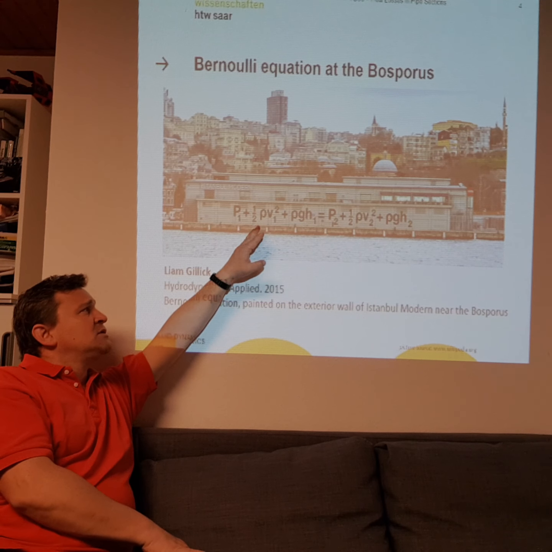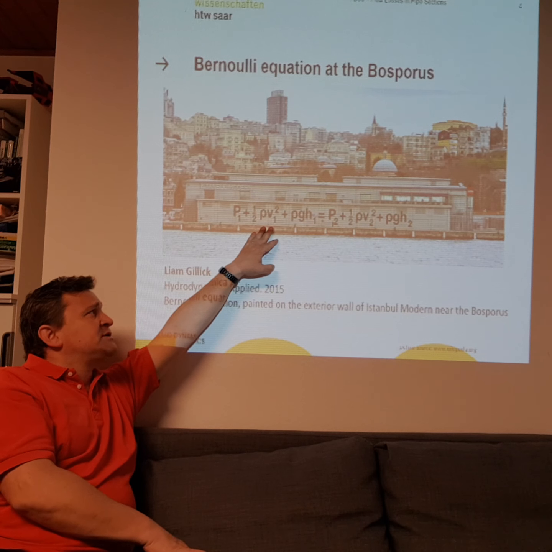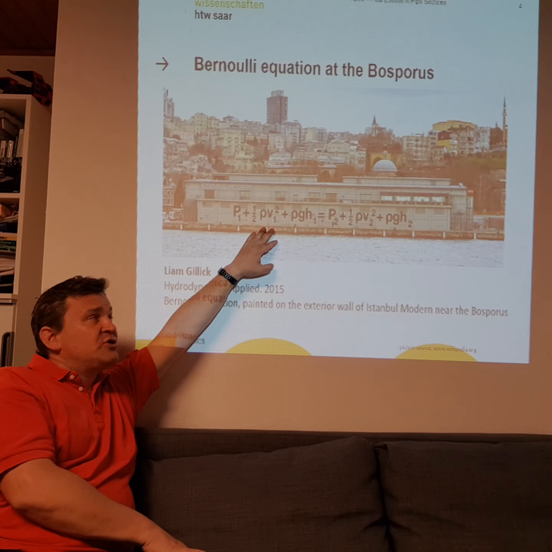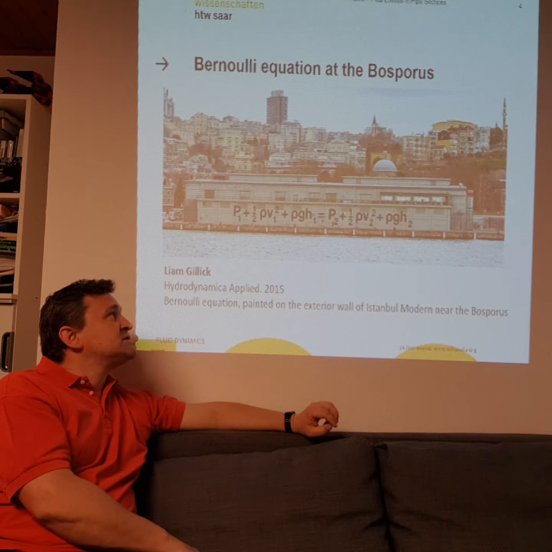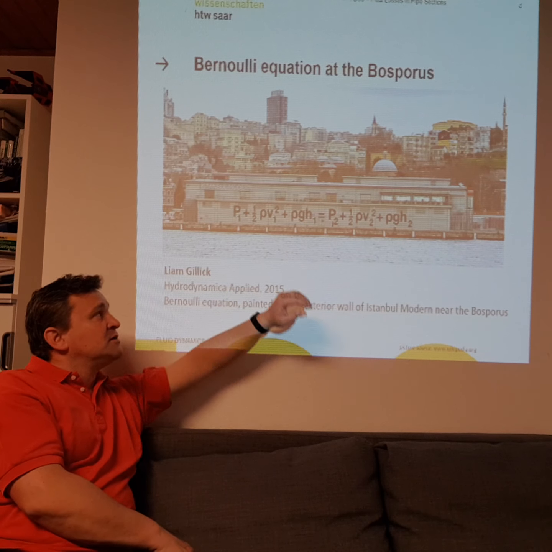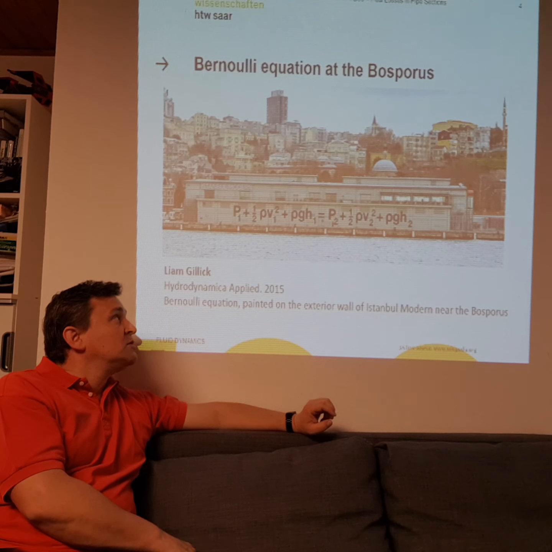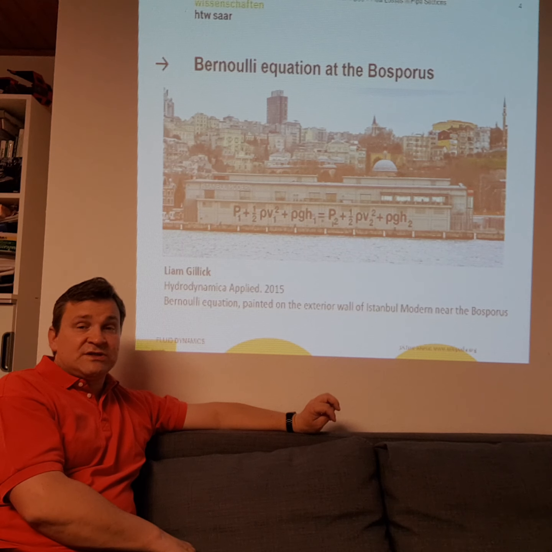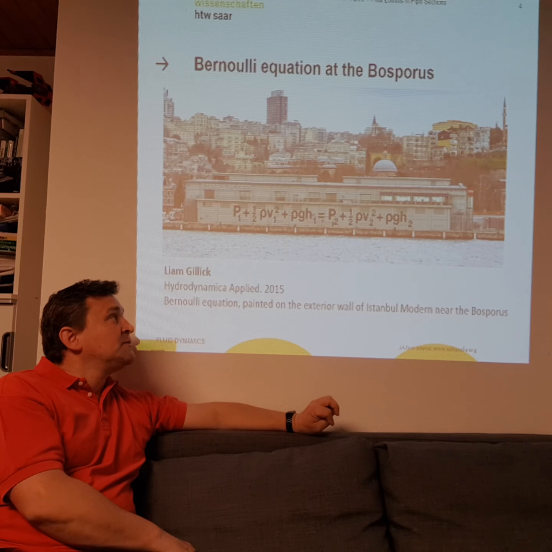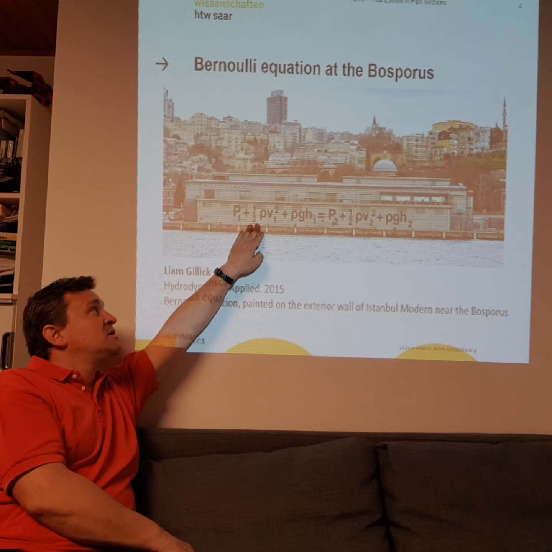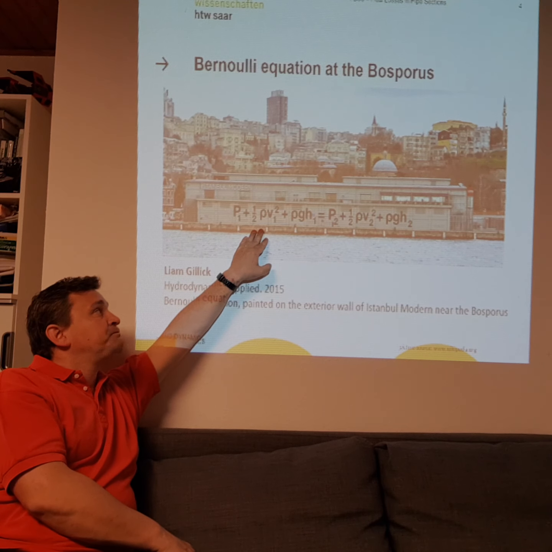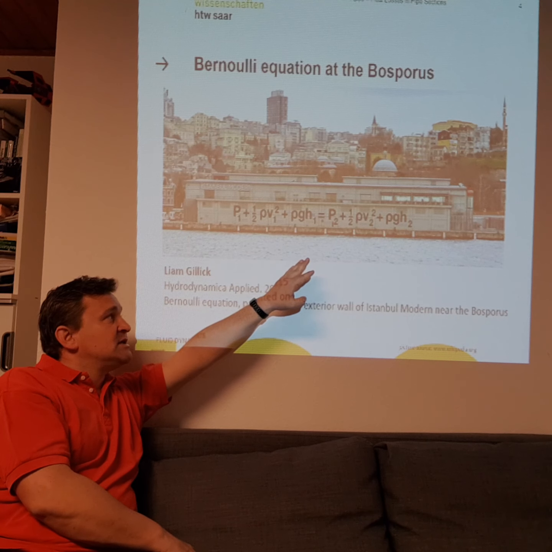We also have our dynamic pressure, the half of rho velocity squared, and we have the term for the height, rho times gravity constant times height, and on both sides it should be the same. We have here the index 1, and on the other side the index 2.